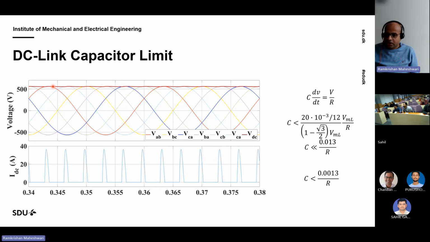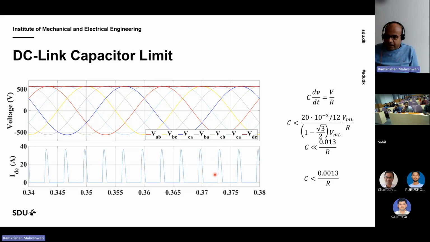So there is no time the capacitor is not connected to the input voltage, and we don't see this discontinuity. So what should be the value of such capacitance? You can do a simple calculation and find that this capacitance should be less than 0.0013 divided by the load resistance.